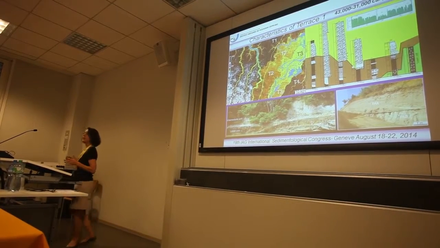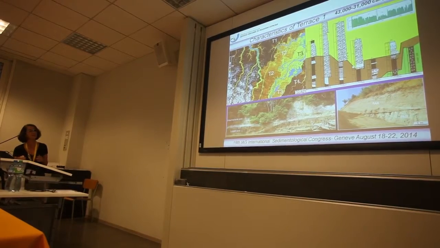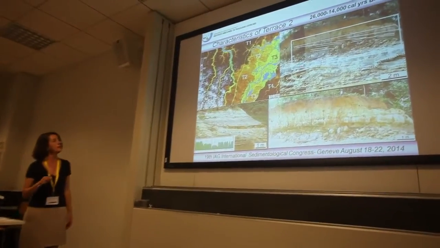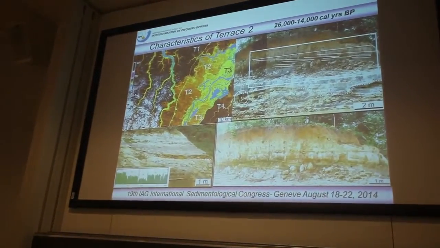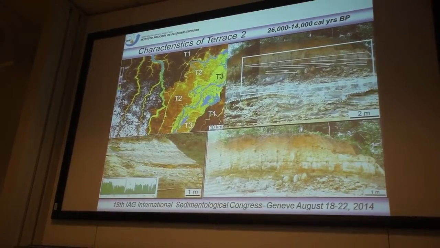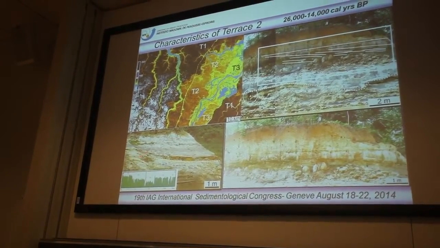So sedimentologically speaking, they have no big difference in terms of lithology. In these terraces you can also find channels, floodplain and mud plugs.